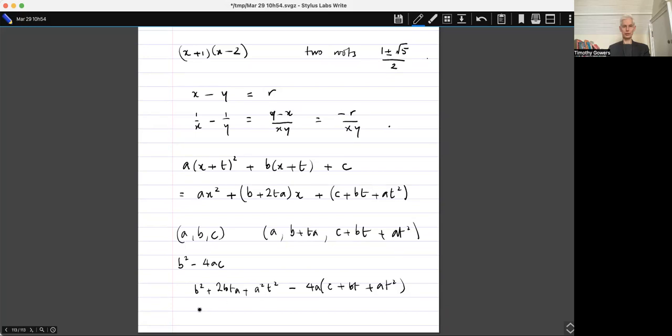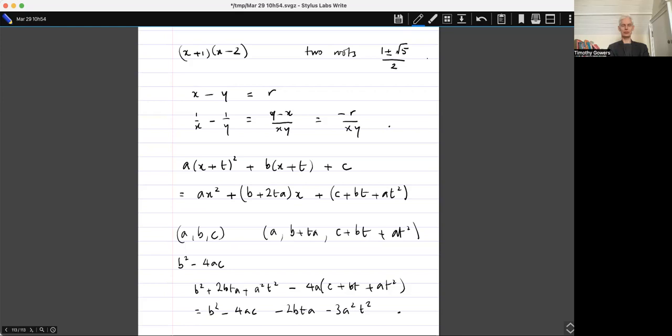So what does that equal then? It equals b squared minus 4ac. But what else? I've got 2bta minus 4bta, so minus 2bta, and then plus a squared t squared minus 4a squared t squared, so minus 3a squared t squared. So not totally surprisingly, that didn't work.